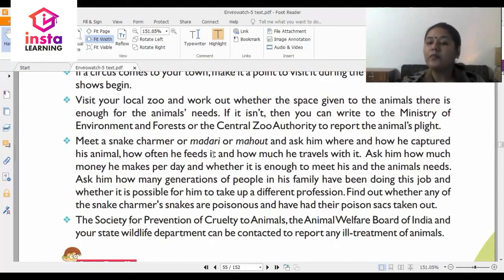Meet a snake charmer or madari or a mahout and ask him where and how he captured this animal, how often he feeds it, and how much he travels with it. Ask him how much money he makes per day and whether it is enough to meet his and the animal's needs. Then the Society for Prevention of Cruelty to Animals, the Animal Welfare Board of India, and your state wildlife department can be contacted to report any ill treatment of animals.